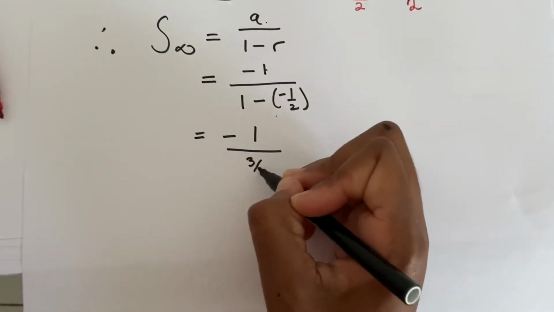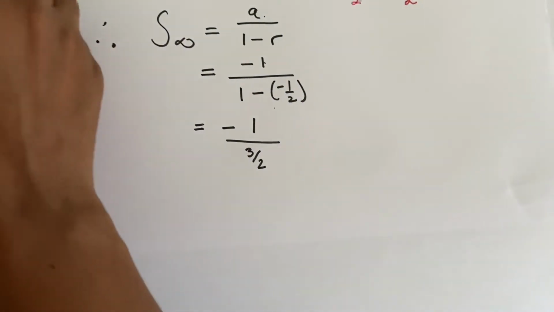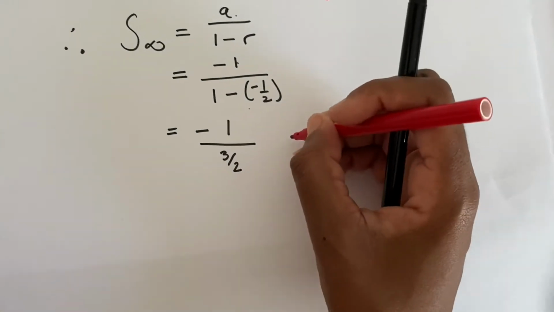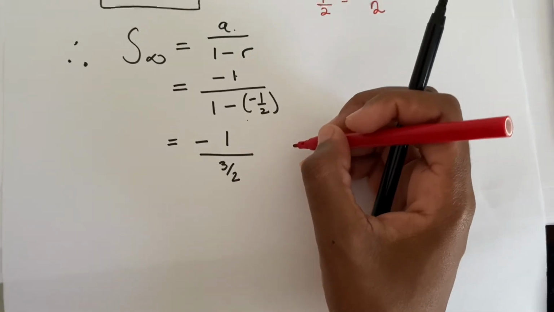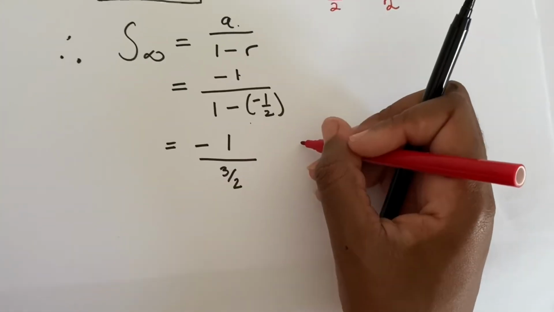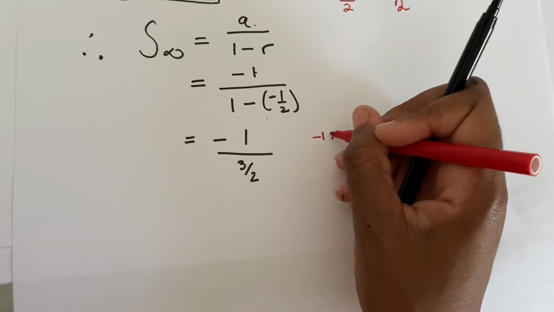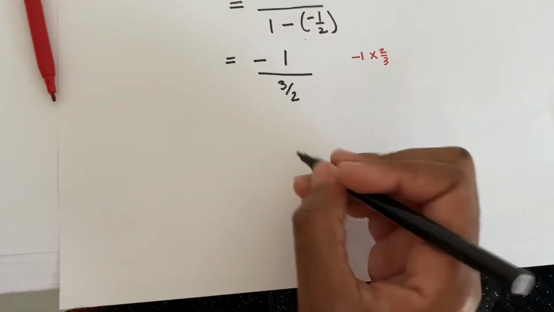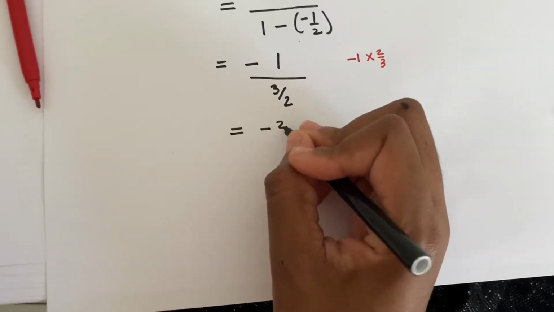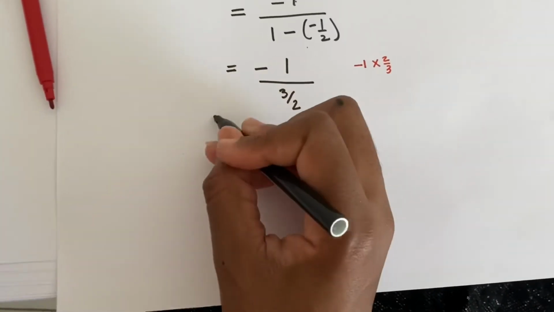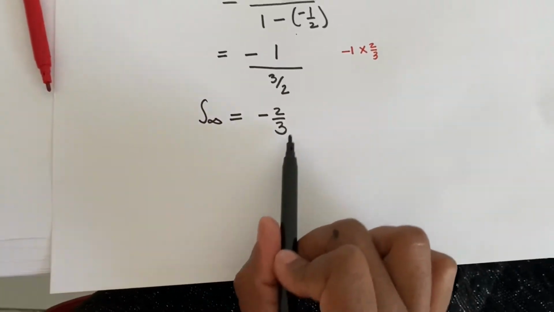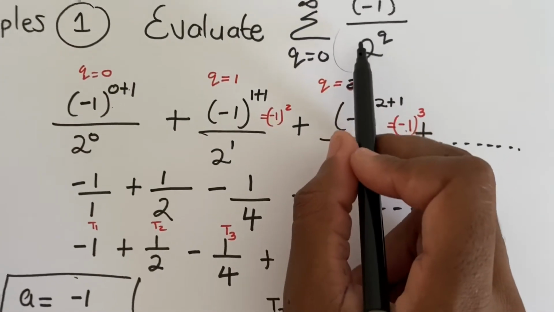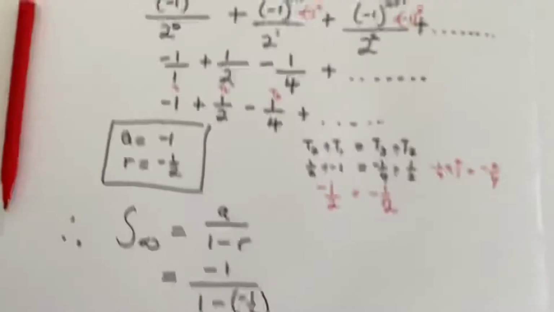You can get that answer by using your calculator, or if your calculator decides to misbehave or disappoint you at the last minute, I'm going to say this is negative 1 times 2 over 3, which is simply negative 2 over 3. So basically, my sum to infinity is negative 2 over 3 for this convergent geometric progression. And I'm done.